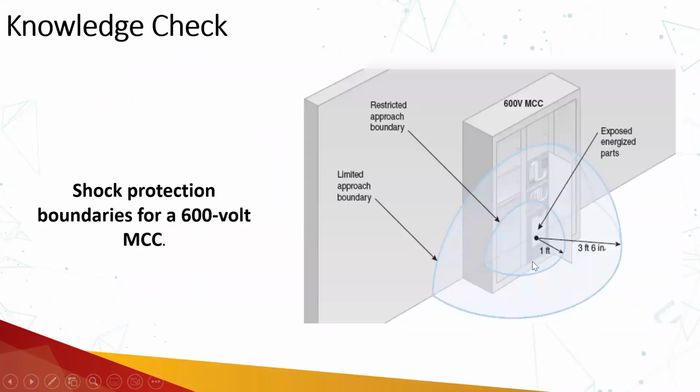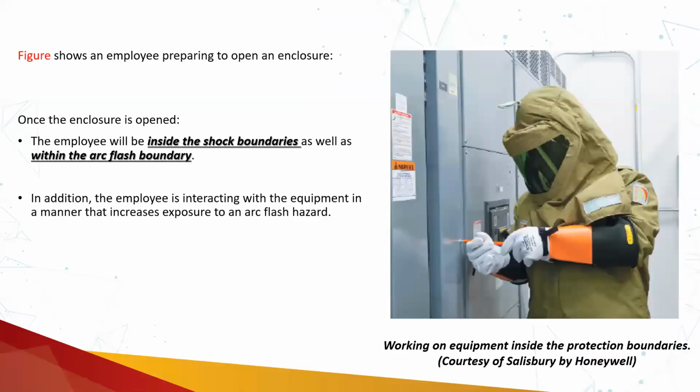And we can map it like this: this is the equipment, and these are its boundaries, the limited approach boundary and the restricted approach boundary. This person is currently not within any boundary because the covers are in place, but he knows that once this cover is removed, he will find himself within the shock protection boundary as well as within the arc flash boundary.